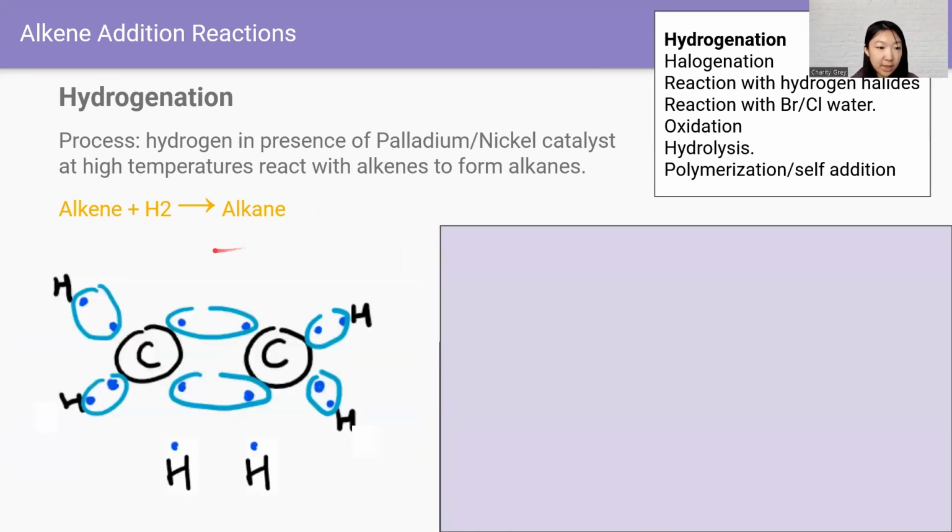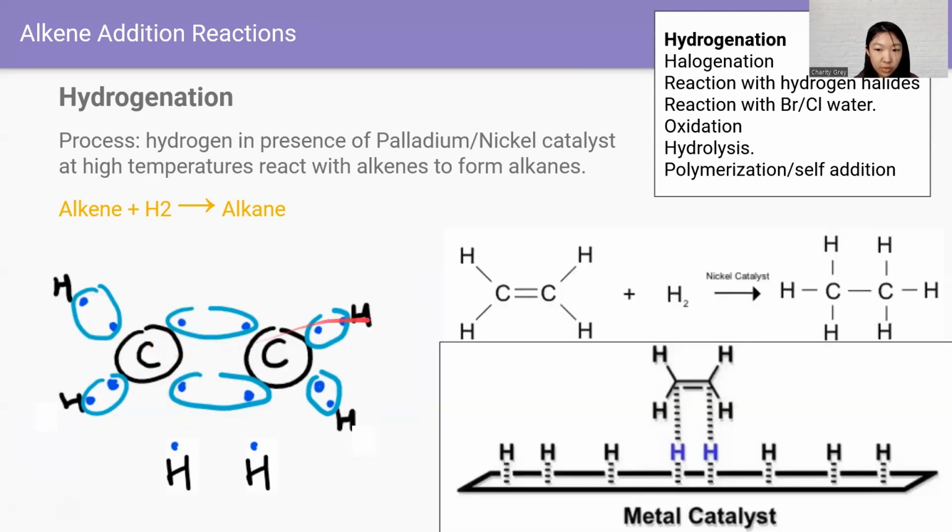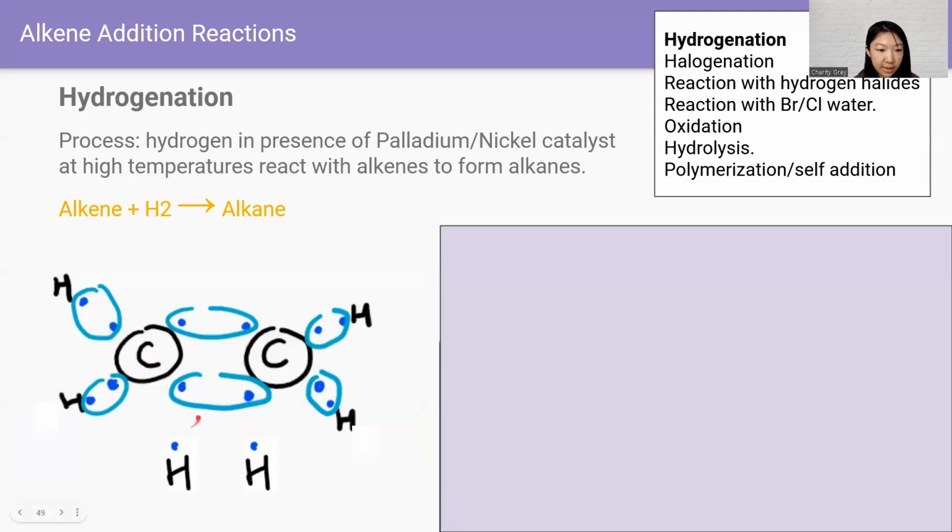Over here you can see that we have the alkene and we have the hydrogen. Right now our alkene is unsaturated, because the carbon can technically be attached to more things. So what we'll do is take this electron and combine it with this electron, and take this electron and connect it to this electron.